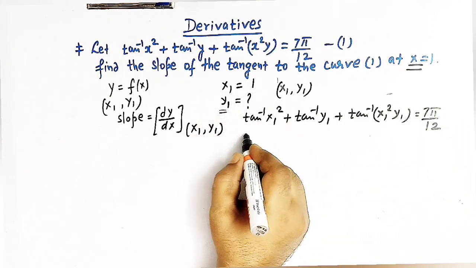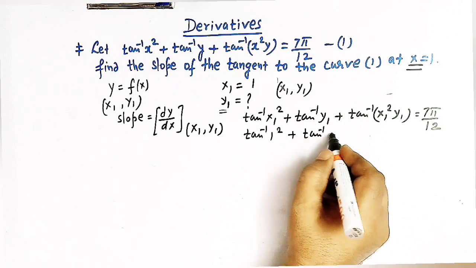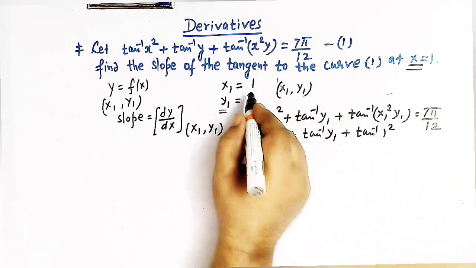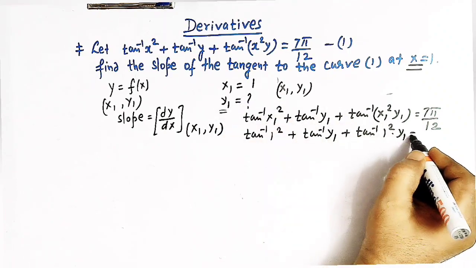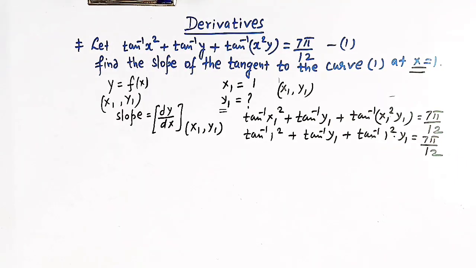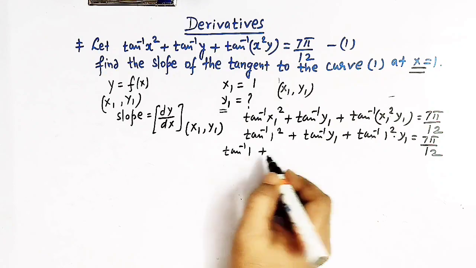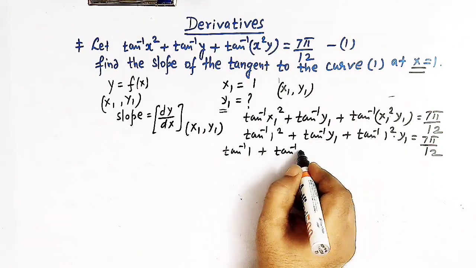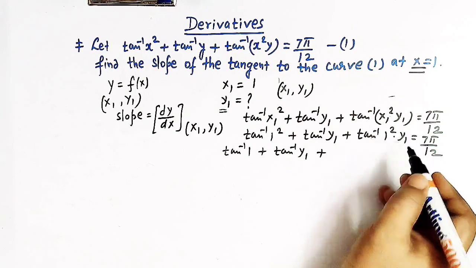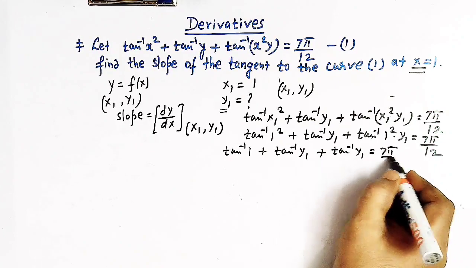So x1 is 1, so we have tan inverse 1 square plus tan inverse y1 plus tan inverse 1 square y1, and this is equal to 7 pi by 12. Now 1 square is 1, so we have tan inverse 1, then tan inverse y1, and 1 times y1 is y1, so we have tan inverse of y1, and this is 7 pi by 12.